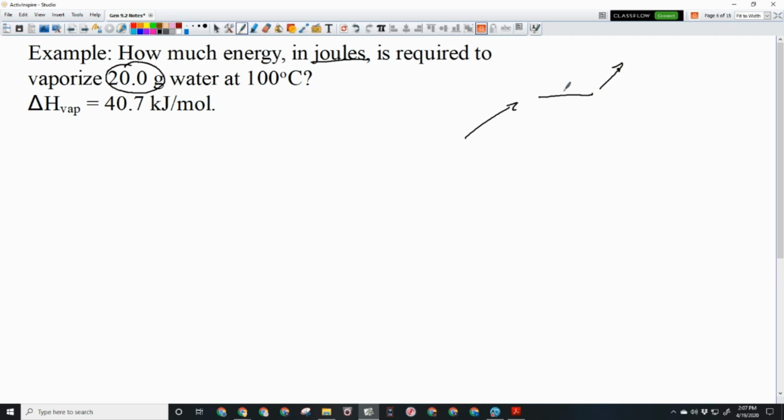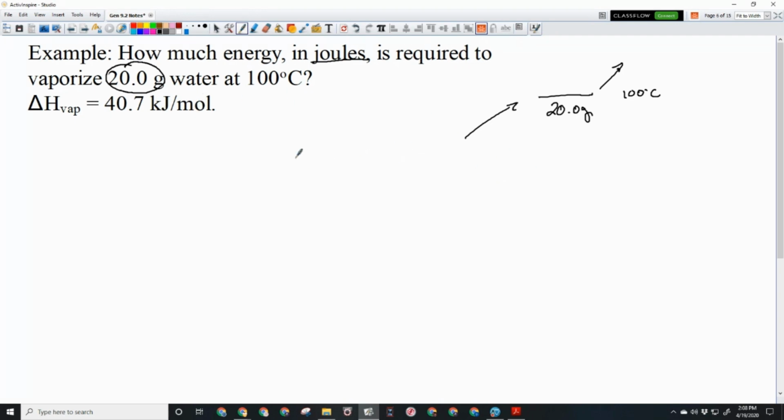Okay, so we're trying to vaporize 20 grams of water at 100 degrees Celsius. And it tells us that that happens at 100 degrees Celsius. And the heat of vaporization, delta H vaporization, is 40.7 kilojoules per mole.